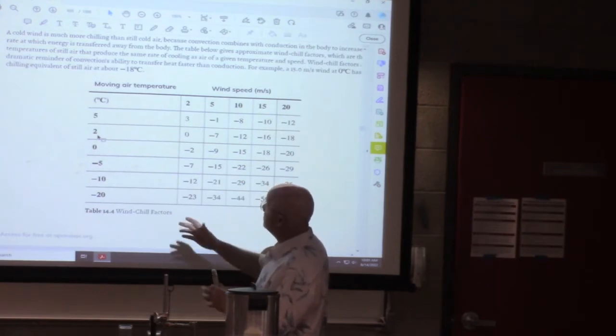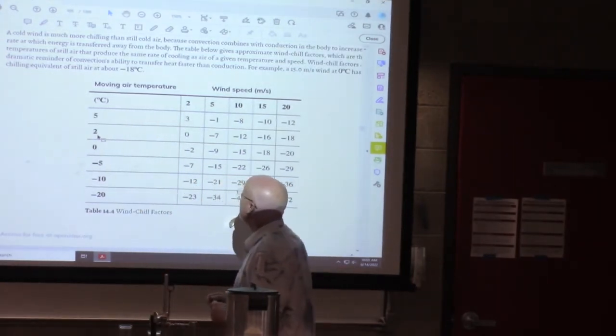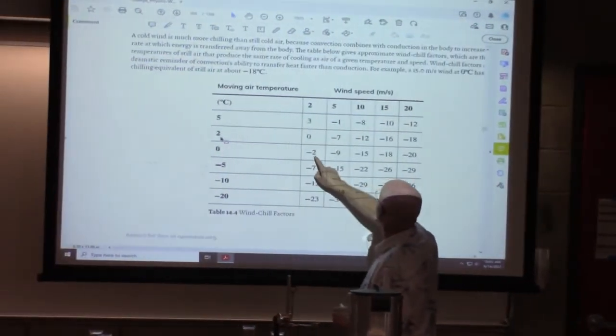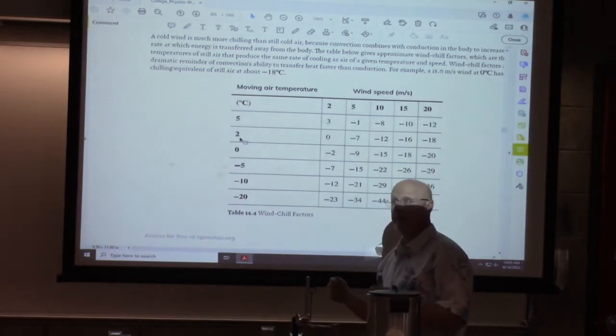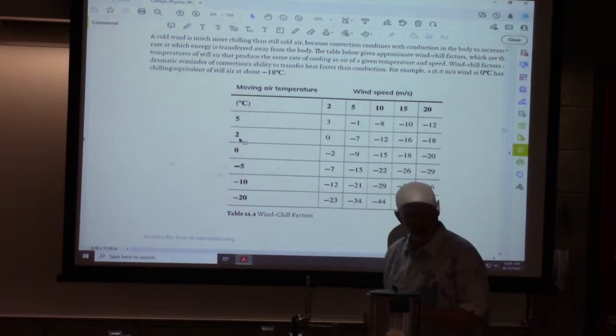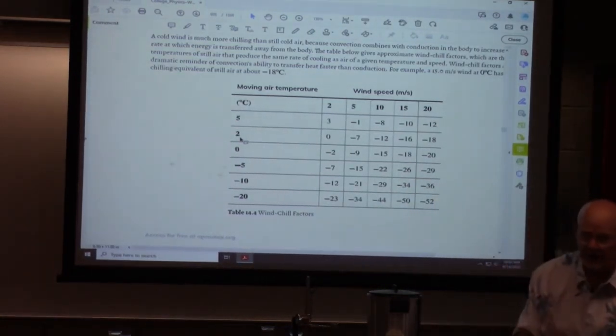So I'll just pick a temperature, let's say it's 0 degrees outside, but the wind is blowing at 2 miles an hour, or meters per second. So, that'd be about 5 miles an hour. Anyways, it would feel a little colder. It'd feel like -2. Well, that's not a real big difference, but it's not much of a wind either.